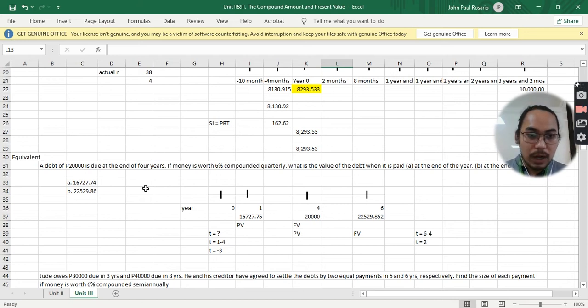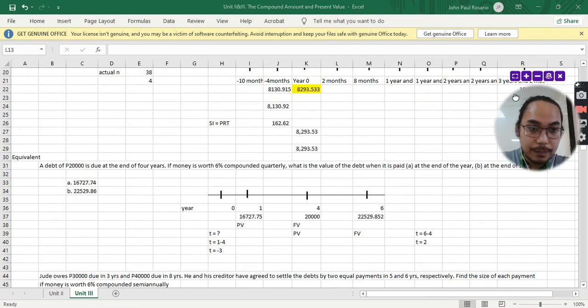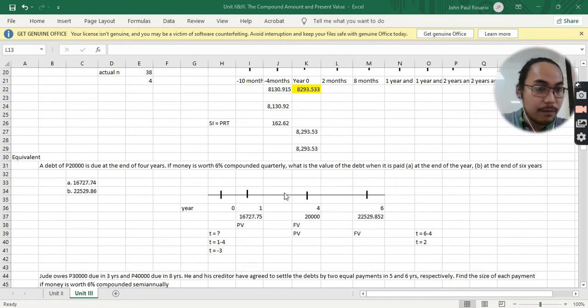They are not equal, but they are equivalent values, because your present value becomes your future value when time passes, and your future value becomes your present value if we went back in time.